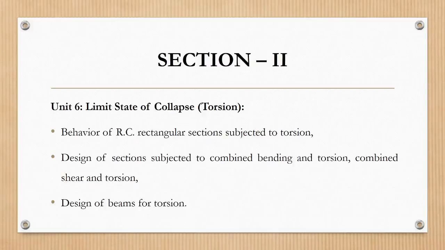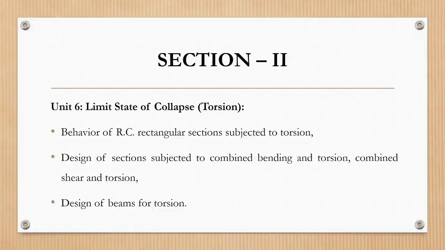Unit number 6 is limit state of collapse in torsion. We are going to discuss the behavior of RC rectangular sections subjected to torsion, design of sections subjected to combined bending and torsion, and combined shear and torsion, in which we will deal with the behavior of the beams or the rectangular sections subjected to bending as well as torsion or twisting moments, and shear and torsion.